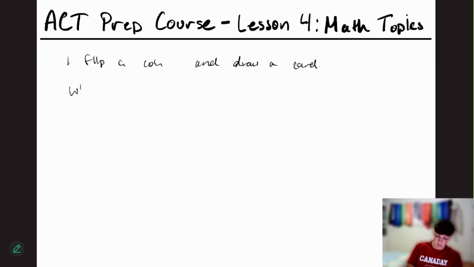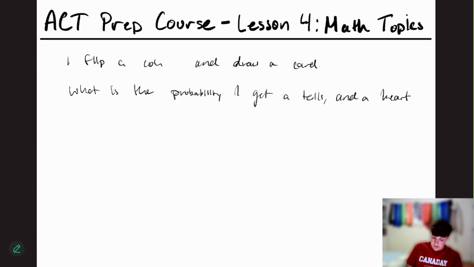What is the probability I get a tails and a heart? Okay, so what's the probability I get a tails and a heart?